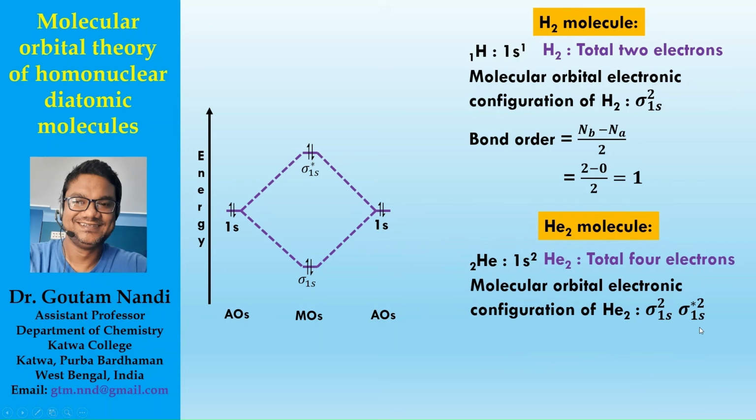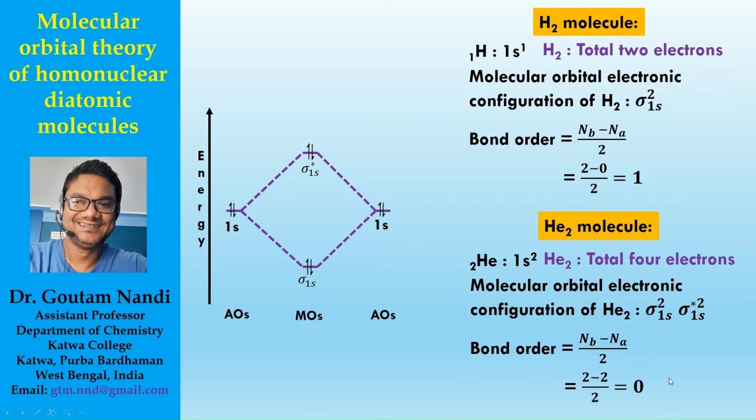Now if we want to write the electronic configuration for He2, that will be sigma 1s2, sigma star 1s2. From this electronic configuration, we can also calculate the bond order for He2, and here you can see the bonding molecular orbital contains 2 electrons and the antibonding molecular orbital also contains 2 electrons. So what will be the bond order? Here (Nb minus Na) by 2, and each of the orbitals contains 2 electrons, so this will give a bond order of 0.